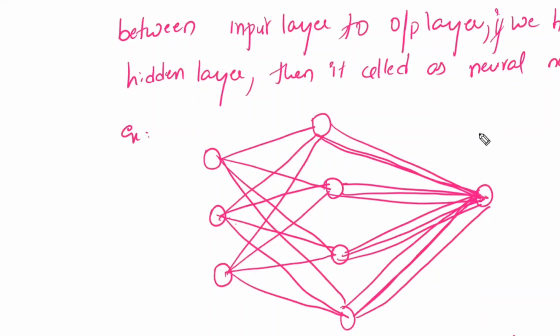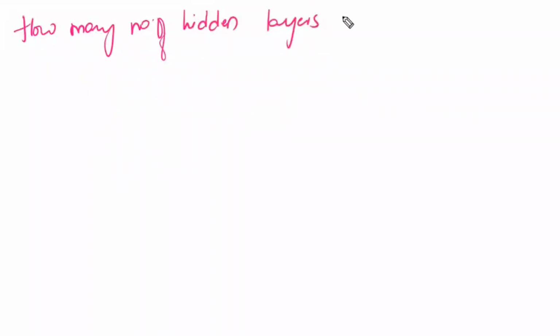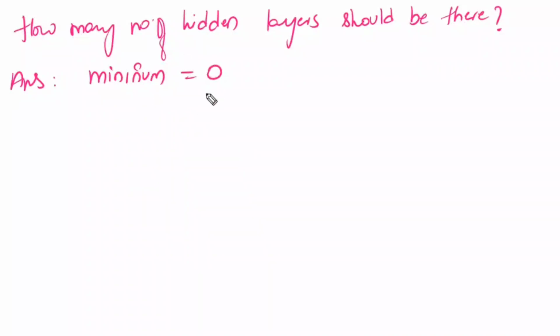Next, the question is how many hidden layers should be there. The answer is minimum 0, maximum infinite.